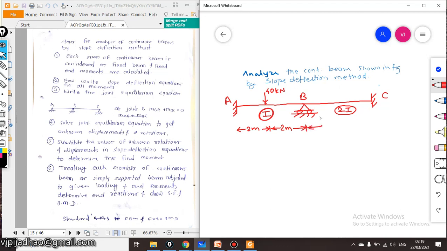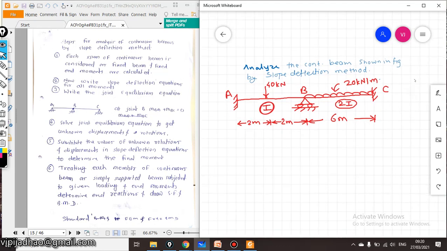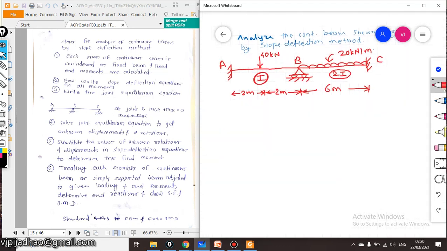This particular distance is 6 meter, and this span BC is subjected to a uniformly distributed load of 20 kilonewton per meter. We have to analyze this particular beam by using the slope deflection method.